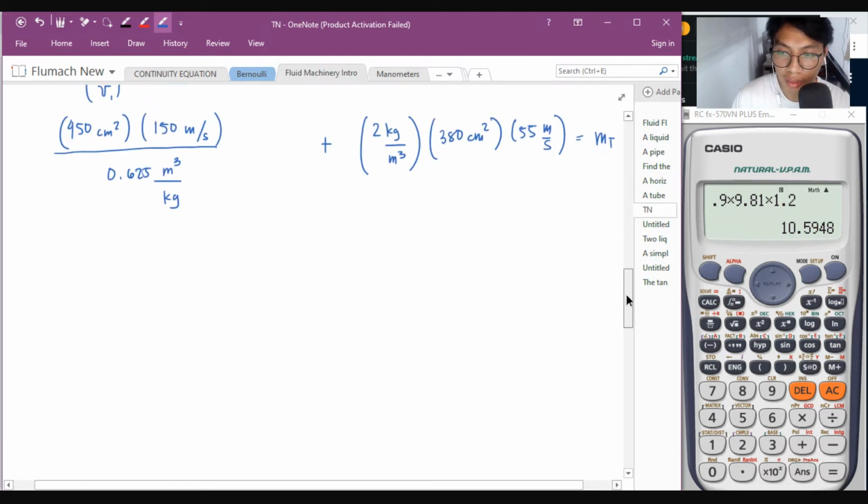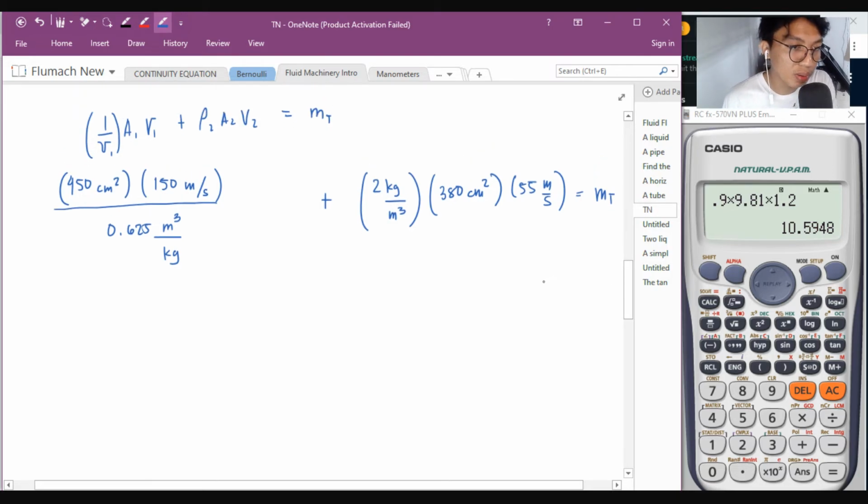MT. Problema, meron tayo ditong unit na nakaiiba. Dapat makakancel yon. Dapat ang lalabas dyan is kilogram per second. Aakit lang naman to, itong cm squared. O edi multiply natin both sides. Urong ko lang ito para hindi nakakailang.